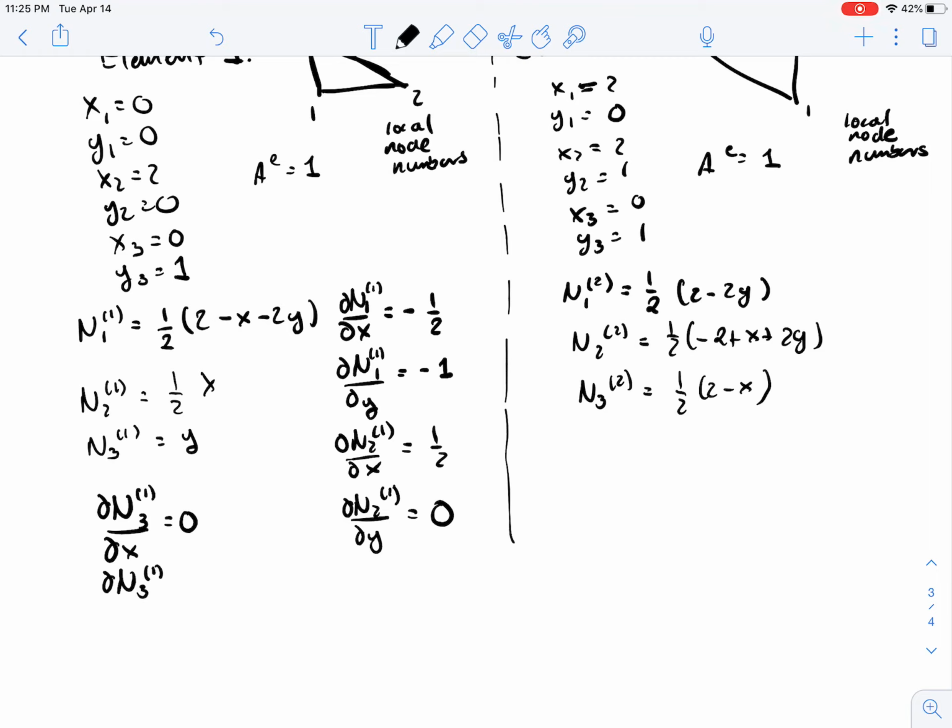And then the partial derivative of the third shape function with respect to x equals 0. Partial derivative of the third shape function of the first element with respect to y equals 1. And similarly here, you can calculate these derivatives.